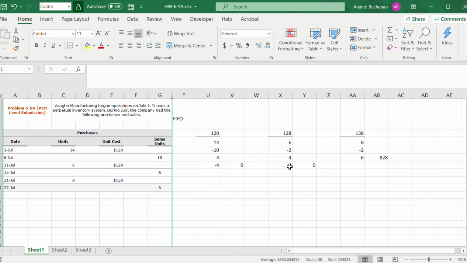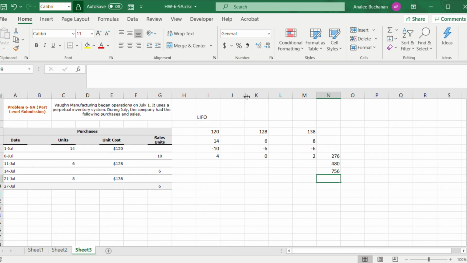So we subtract 4 from there, and then we still need 2 more, so we subtract 2 from the 138s. That leaves us with 6 of the 138s and no 128s and no 120s. So 6 times 138 is 828, which is our answer for FIFO.